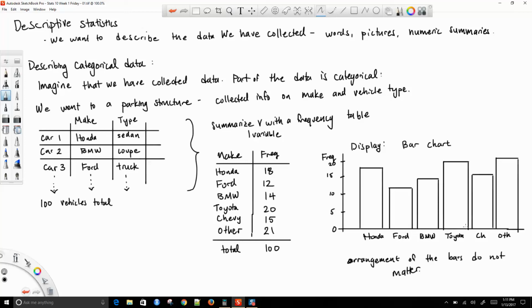If you wanted to put them in alphabetical order, that's completely allowed. If you wanted to put them in order from shortest bar to tallest bar, or tallest bar to shortest bar, that's also fine. If you just wanted to arbitrarily shuffle them around in some other way, that's fine as well. It will still display the same information. So the ordering of the bars does not matter when we're talking about a categorical variable.